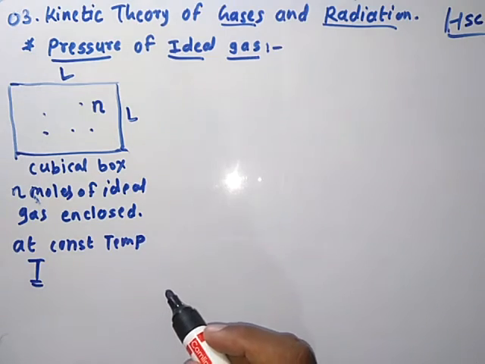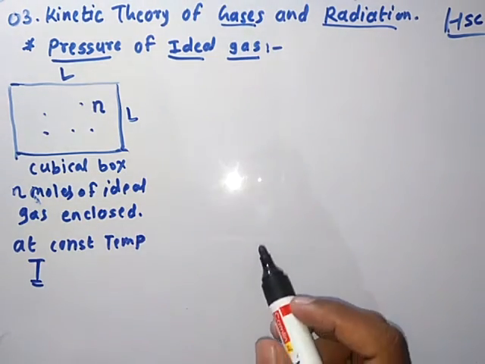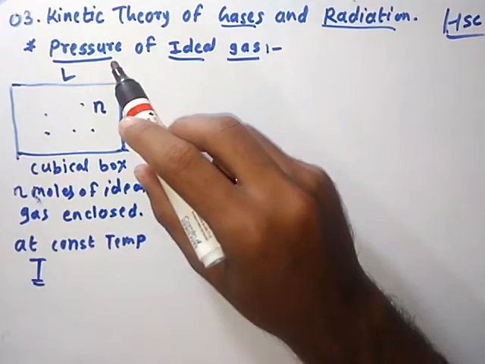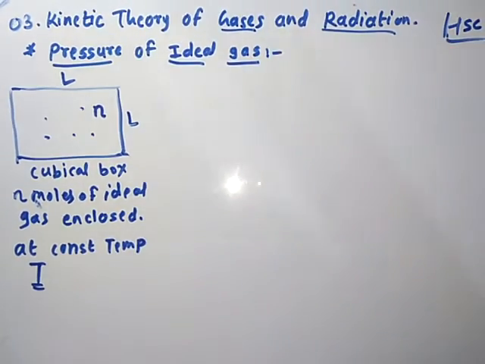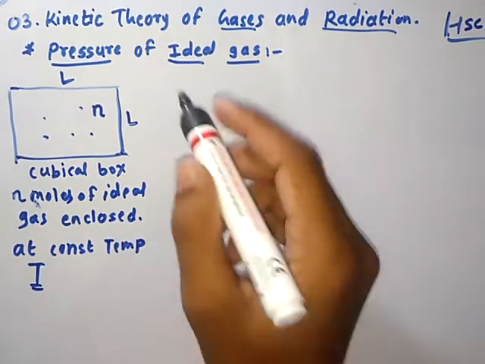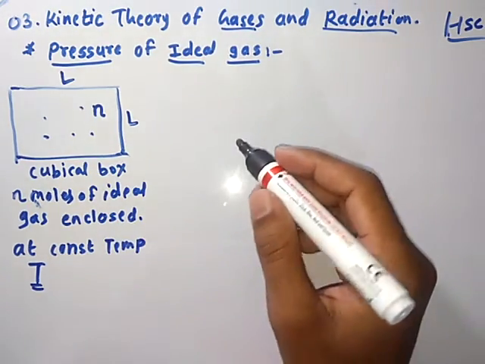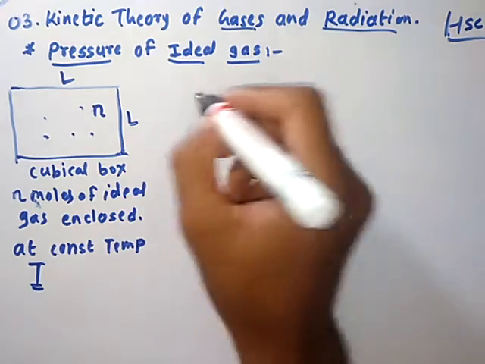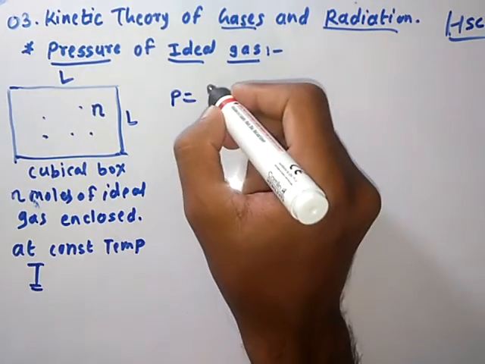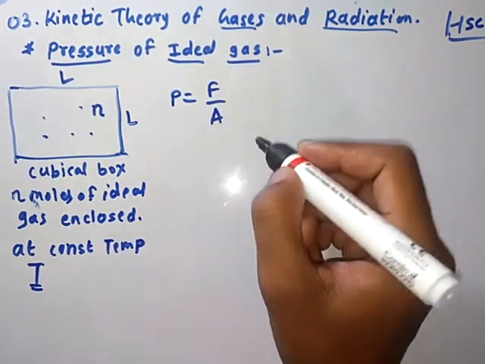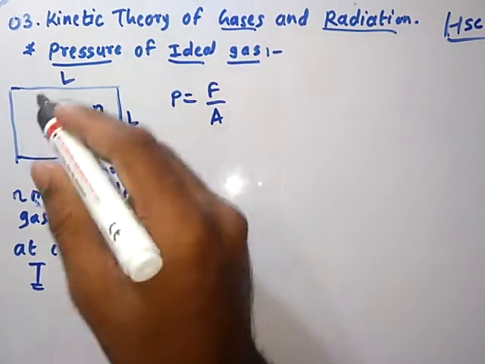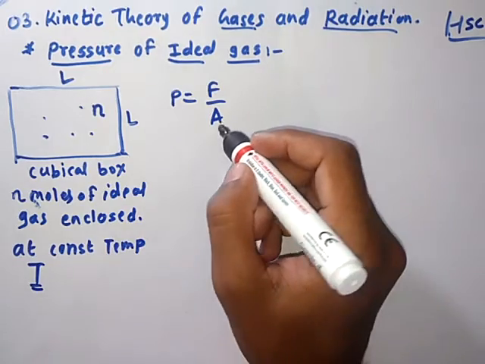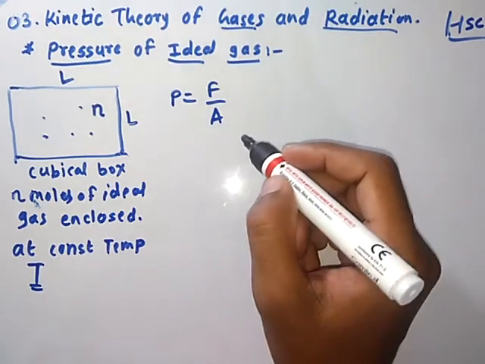Now in order to find the pressure of that ideal gas, you know the formula for pressure: pressure is equal to force per unit area. So for this cubical box we consider one shaded side and calculate the area of that side.